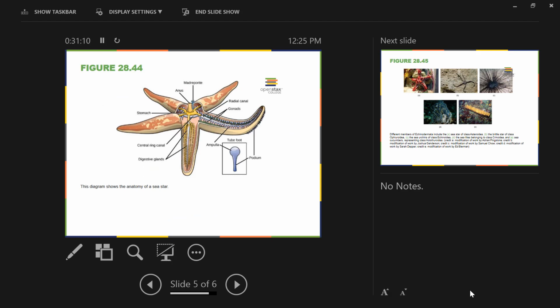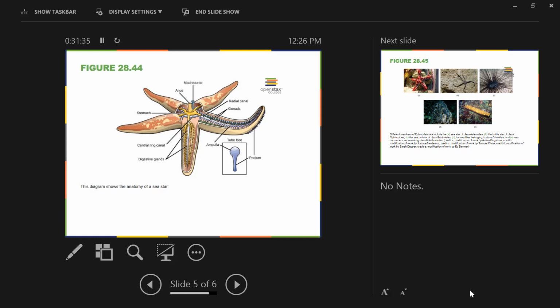Sorry. So here's a representation of the water vascular system. Here's the opening to the water vascular system, the madreporite, and then here are all these radial canals radiating out into the individual arms. And here you have a tube foot with the suction cup. Again, you can have hundreds, if not thousands, of these on any given echinoderm.